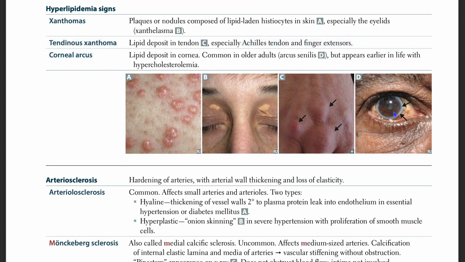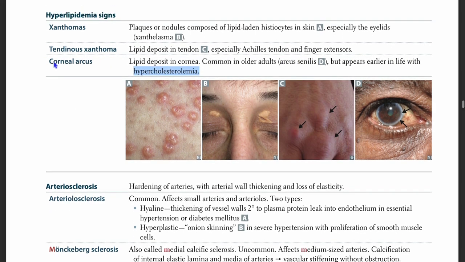You'll get a photo exactly like this one, and then you gotta figure out that this is because of lipid, not because of something else. So lipid deposit in cornea, common in older adults. This is called arcus senilis, but appears earlier in life with hypercholesterolemia. Okay, so corneal arcus, tendinous xanthoma, xanthoma itself. These are all signs of hyperlipidemia.